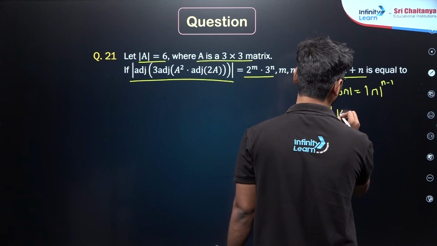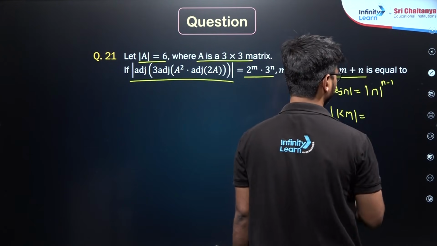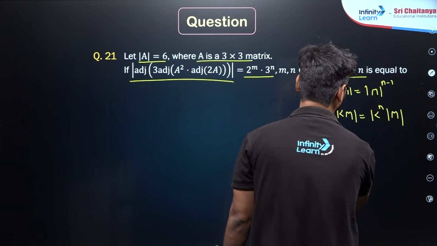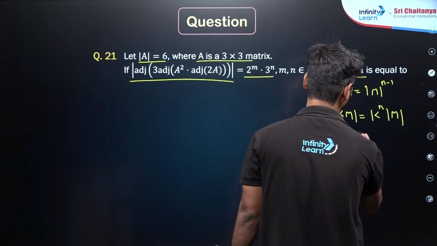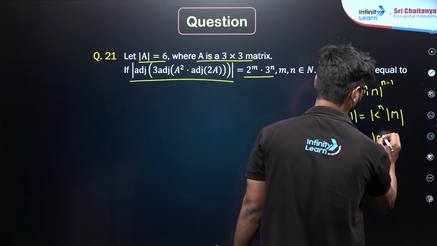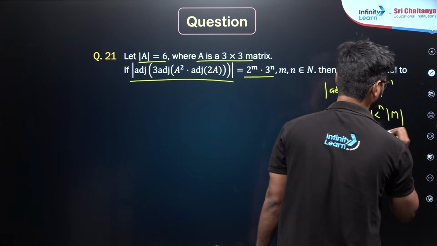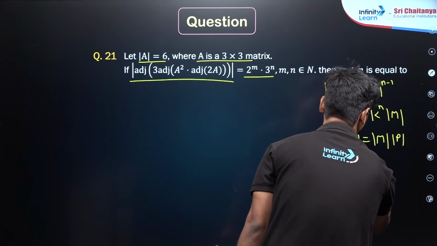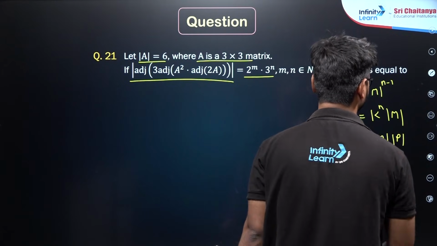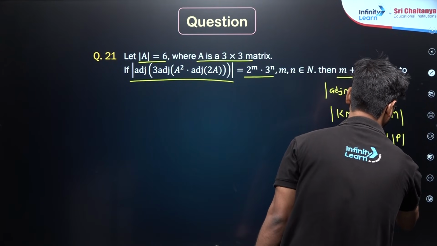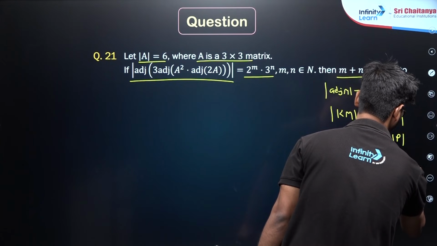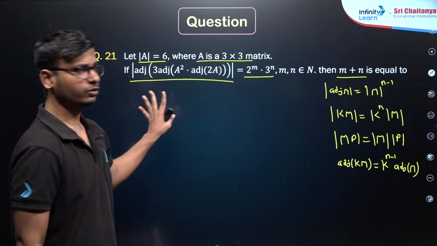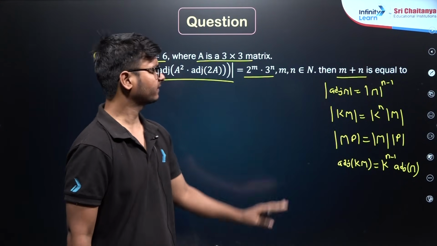Again, determinant of kM, I can write as k to the power n determinant of M. I have one more property, that determinant of M into P is nothing but determinant of M times determinant of P, and I have the property that adjoint of kM, I can write as k to the power n minus 1 adjoint of M, correct? These are the properties that we are going to use in this question, where n is nothing but the order of the matrix, and here it is 3.